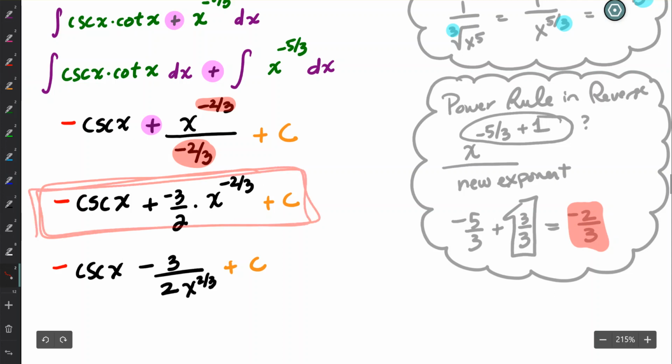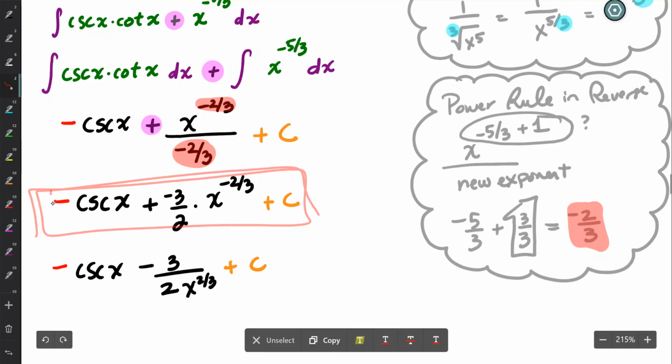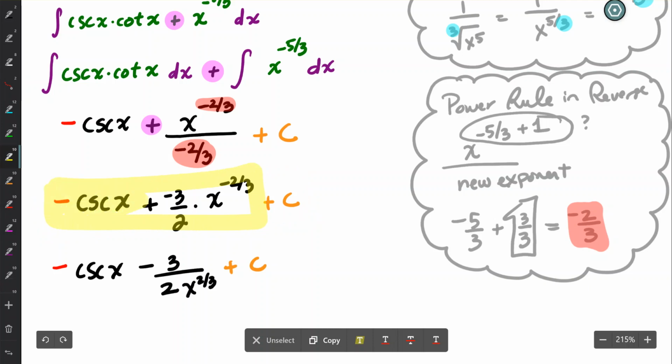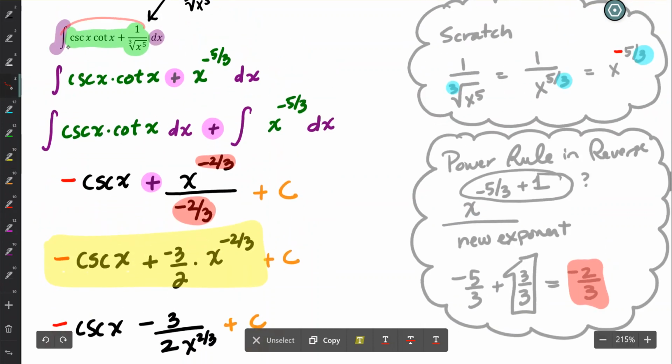When you take the derivative of this plus c, do you in fact get the original function? You sure do. The derivative of minus cosecant is minus a minus cosecant cotangent. It's cosecant cotangent. Check.